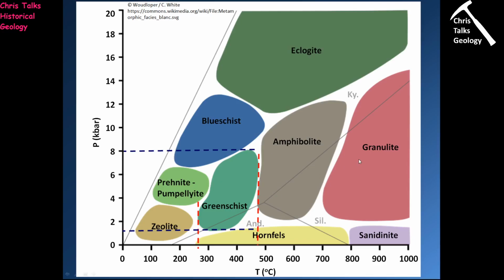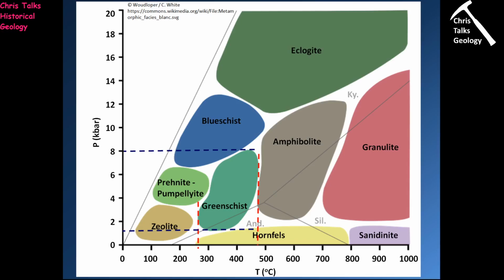Okay, so typically when a geologist is talking about metamorphic rocks, they don't give temperatures and pressures. They'll simply say, right, well, this rock achieved green schist facies or blue schist facies or granulite facies. Okay, the reason for that is in order to actually come up with a temperature and pressure for a metamorphic rock, it actually takes quite a bit of work. You have to use geothermometry and geobarometry to do that, and that requires you to have the correct minerals.